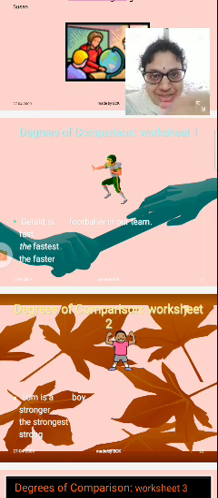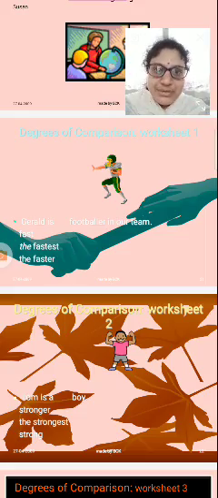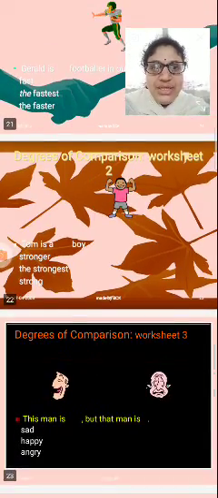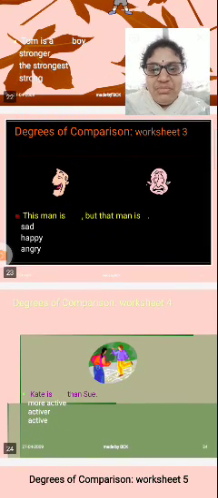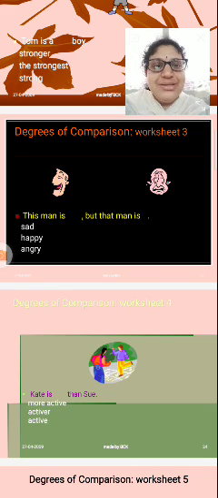So here also I have kept the picture, and here the picture, and also here the picture. The man is happy, but the man is sad, not angry, sad. Yes, this man is happy, but that man is sad, right?